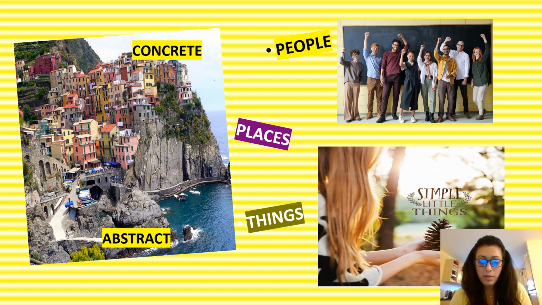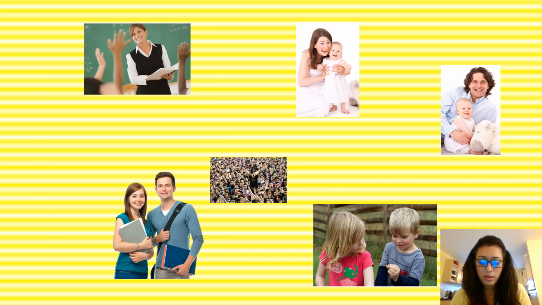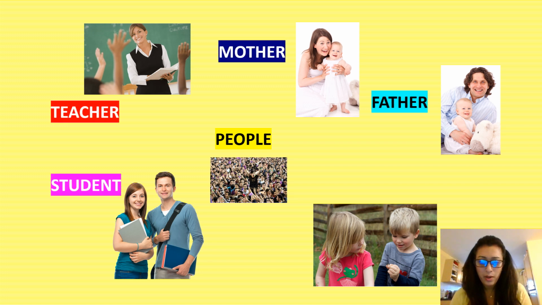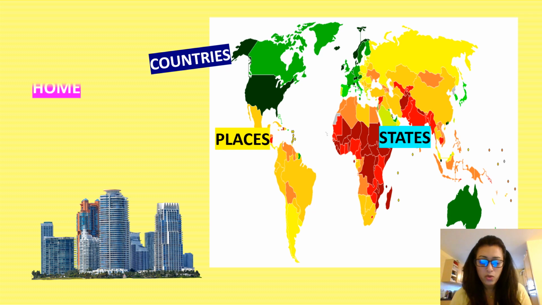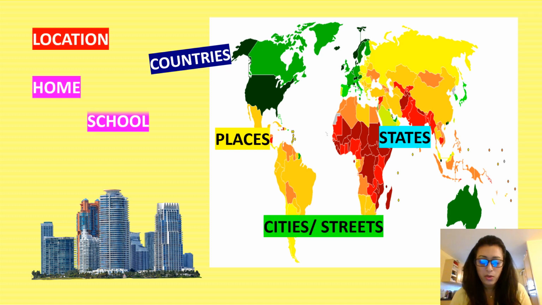A person's name is a noun, as are other words that can be used to name a person, such as mother, father, sister, brother, student, or teacher. Now, words used to name places are nouns such as names of countries, states, cities, or streets, and locations like home, school, building, offices.